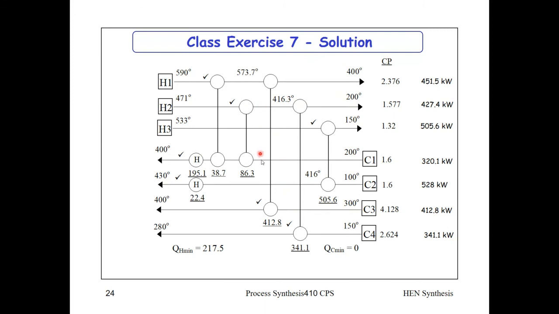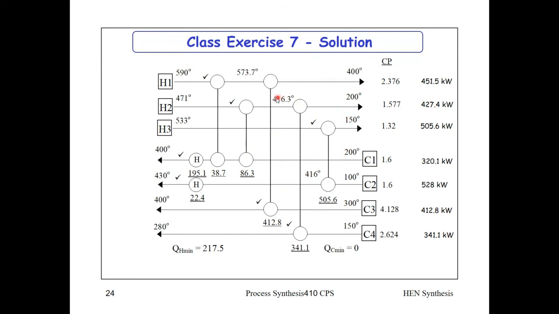Oh, sorry, we're looking at the wrong one. 200 degrees. If we try to match these two, I'm looking at this heat exchanger now. If we try to match that up against the pinch here, we would have 200 degrees on both sides.